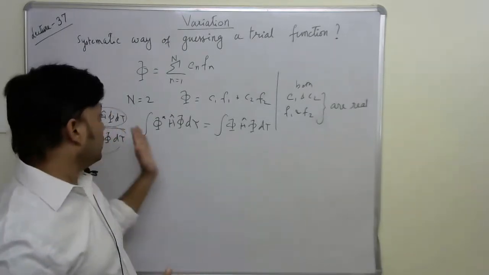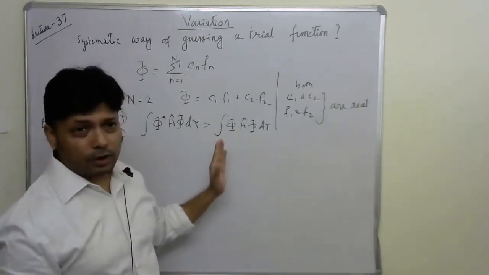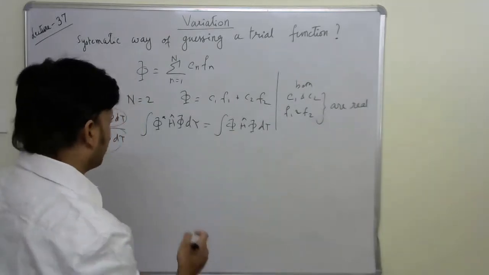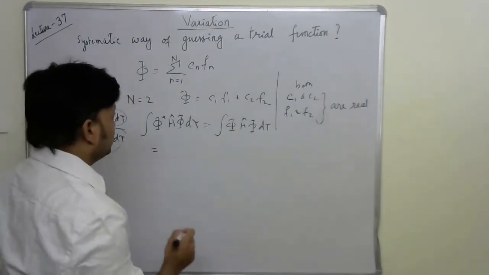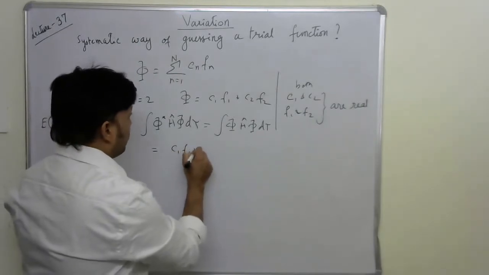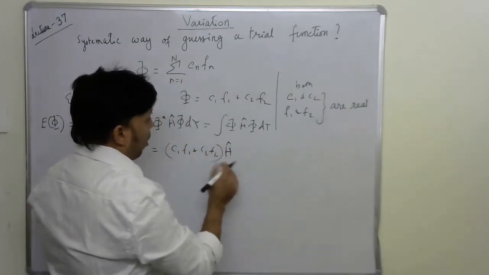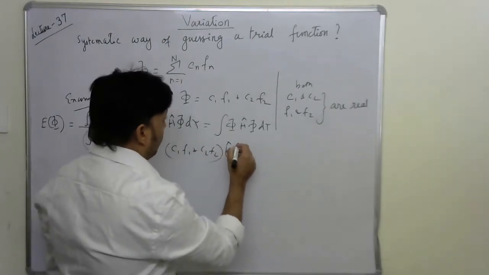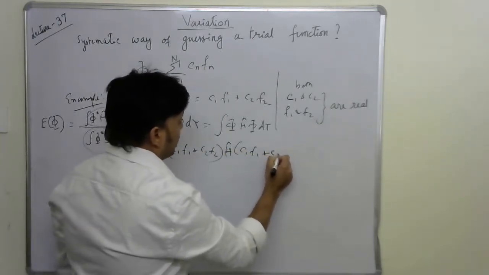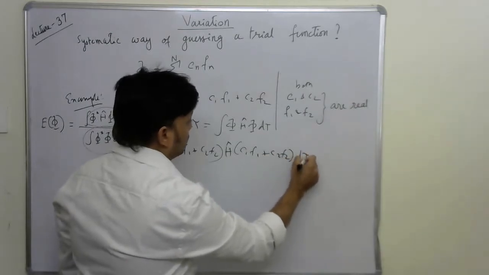So instead of writing phi star, I can directly write phi. So we now have c1 f1 plus c2 f2, multiplied by the H operator operating on c1 f1 plus c2 f2, d tau.